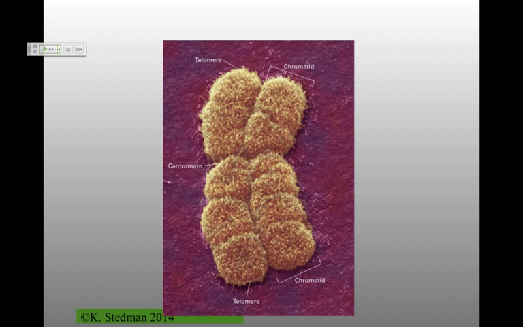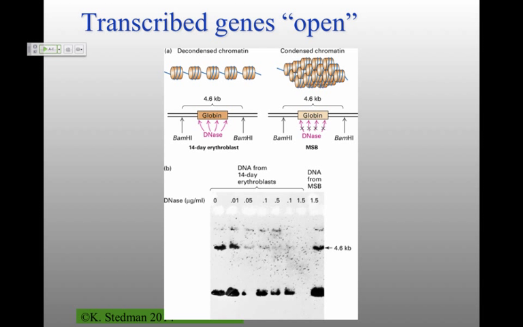Okay, so let's move on and talk a little bit about this problem that I've mentioned a couple of times already. And that is that compacting your chromatin is all well and good if you're going to be doing separation, mitosis, etc. But a lot of the time, particularly in interphase, you need to be able to access that DNA.